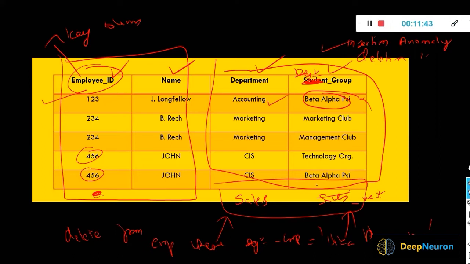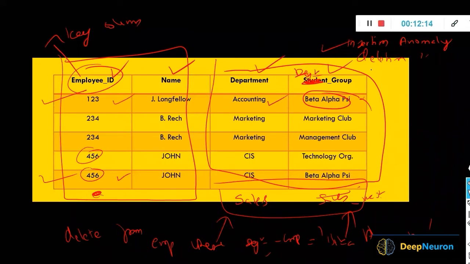And wherever beta, alpha, PSI is there in your data set, that record will also get removed. Actually, you want to remove this one only. So if you use this command, delete from emp where the department group is beta, alpha, this record and this record get deleted. But still, these two employees are working in your company. You are losing your employees' data here. This is called your deletion anomaly.